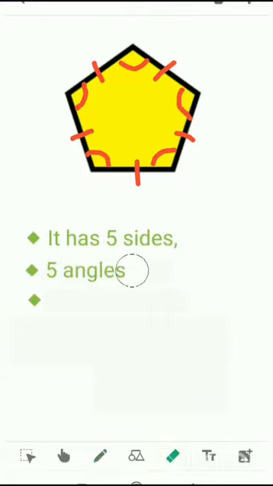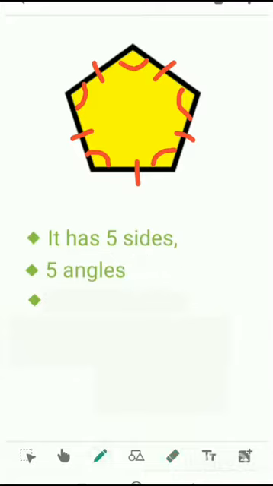It has 5 sides. What about the number of angles? 1, 2, 3, 4, and 5. It has 5 angles.